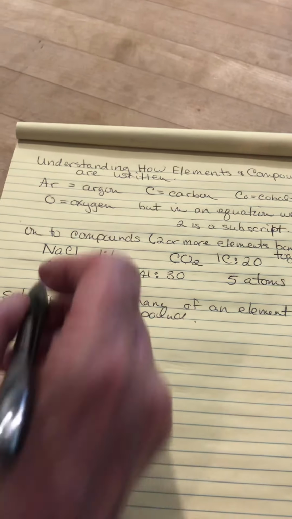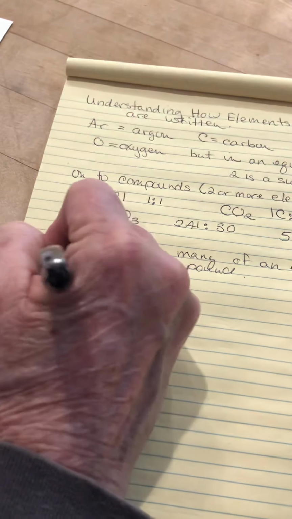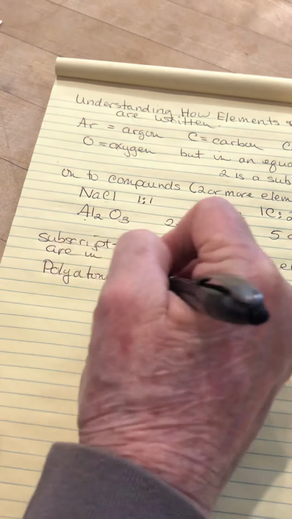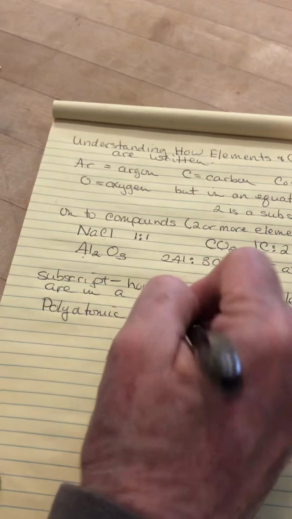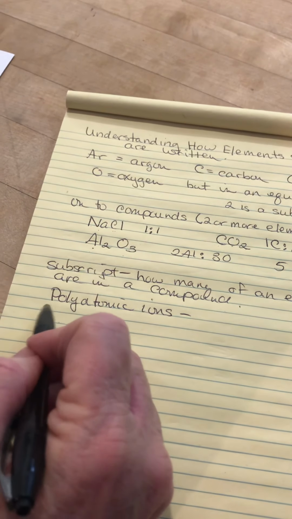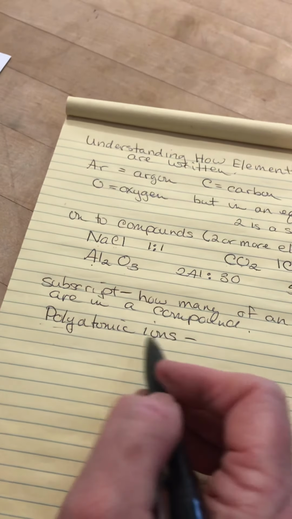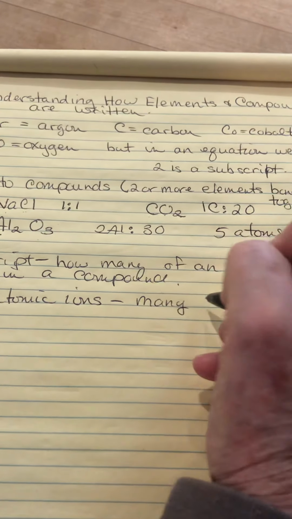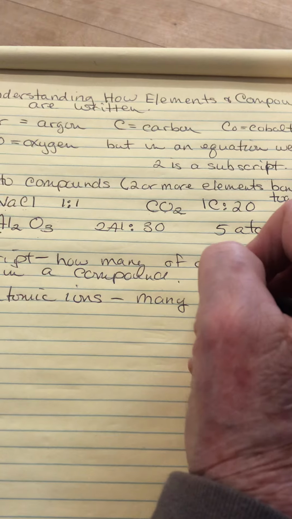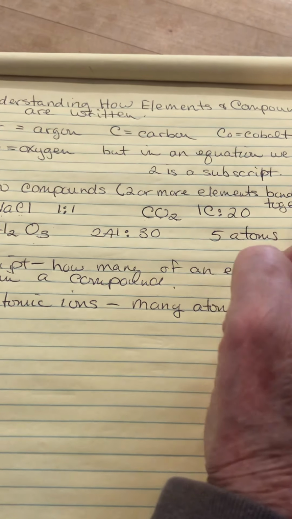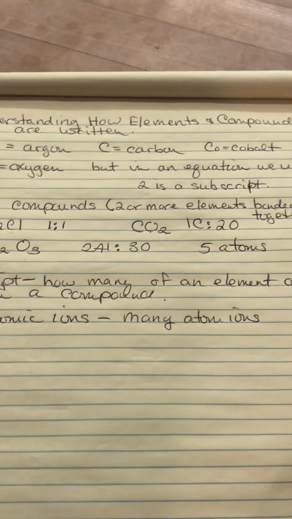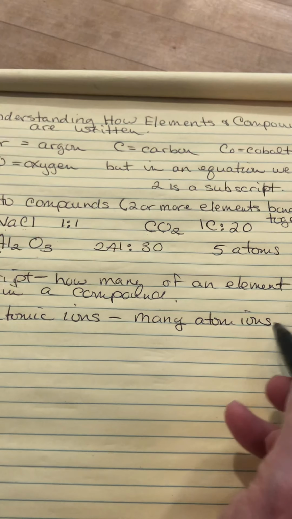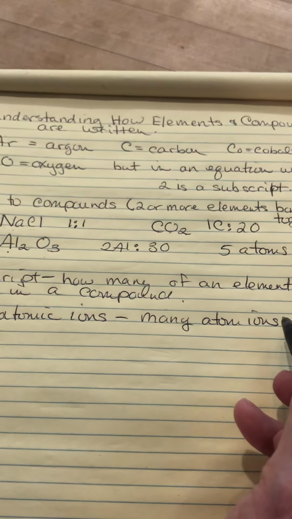Okay, so next we'll take a look at what are called polyatomic ions. The word polyatomic, poly, means many. So these are many-atom ions. They might only have 2 atoms, they might have 4, they might have 6, but they are many-atom ions. Most of the polyatomic ions are anions. There are only 2 cations.